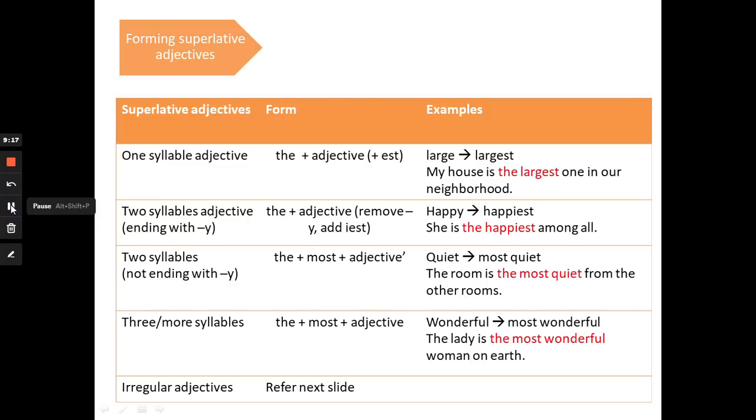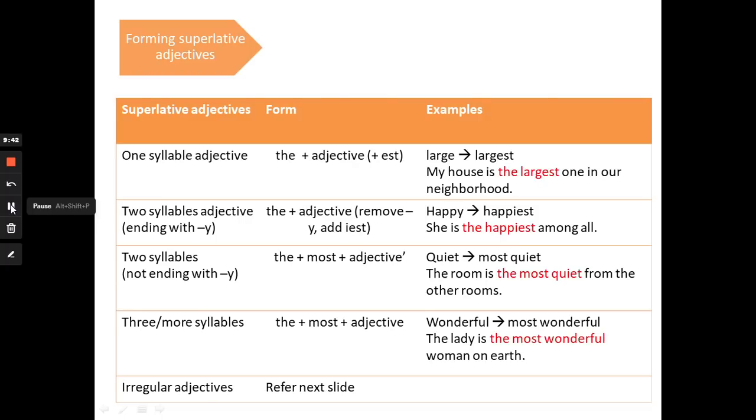For example, large becomes largest. My house is the largest one in our neighborhood. If you have a two syllable adjective ending in y, you use the plus the adjective, remove the y, and add iest. From happy it becomes happiest. She is the happiest among all.